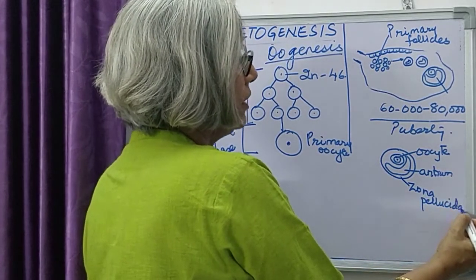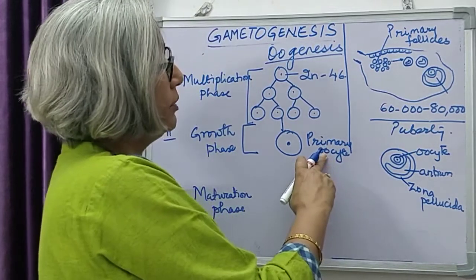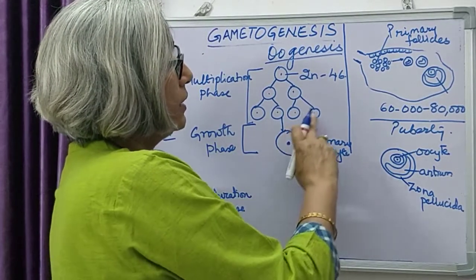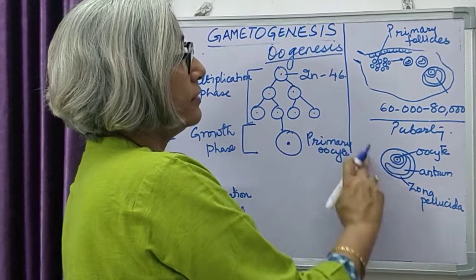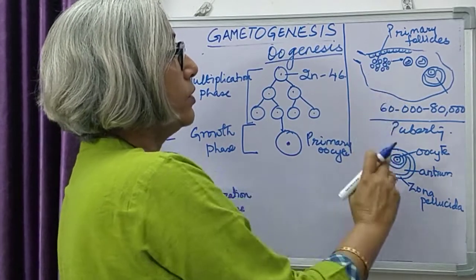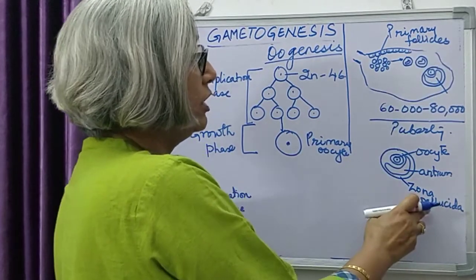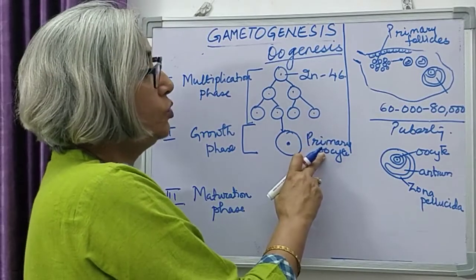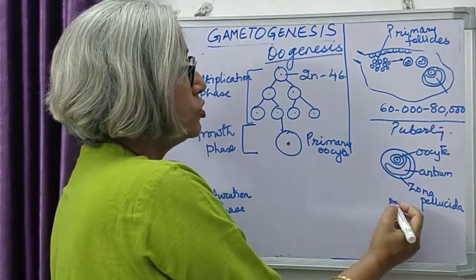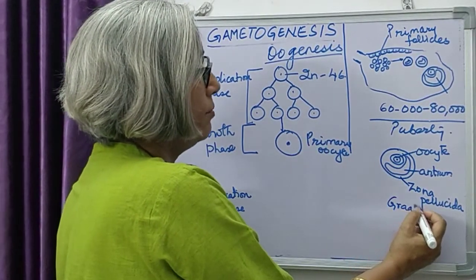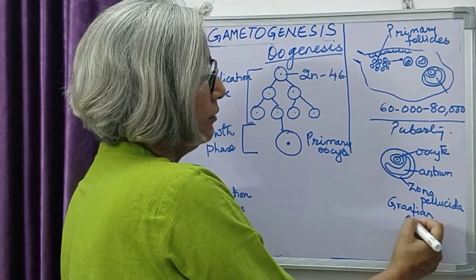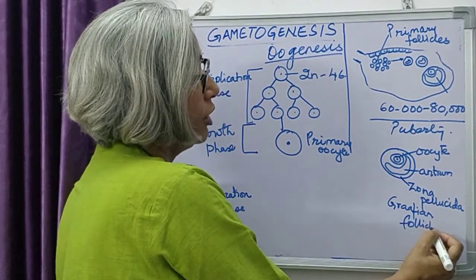This zona pellucida is formed by the primary oocyte and the other cells that were surrounding it. The follicular cells and the oocyte together form this. So this is the structure of a mature follicle, and we call it a Graafian follicle.